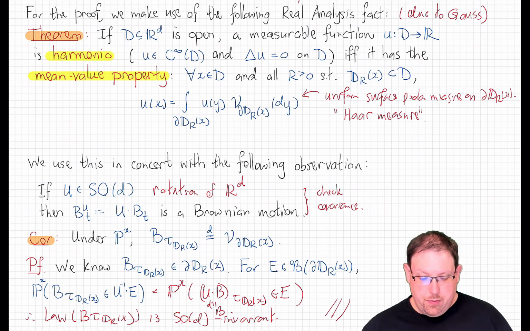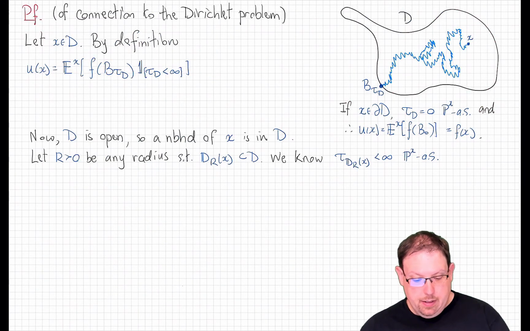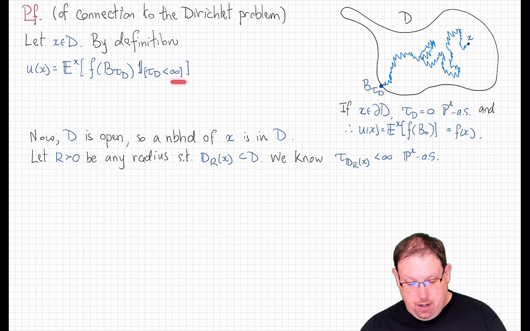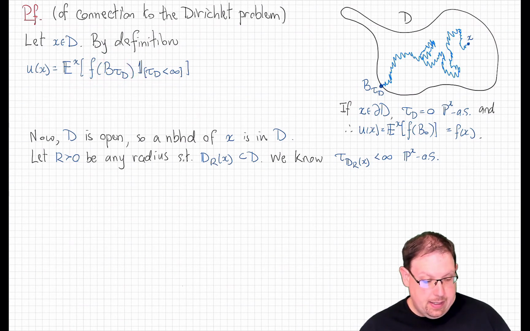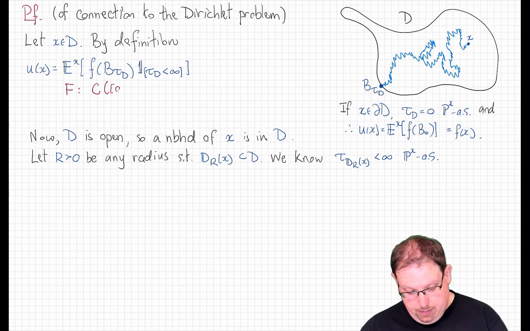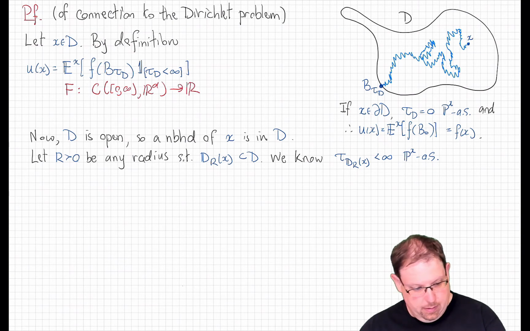Now we are set up to prove the connection to the Dirichlet problem. We start with a point x in the open set D, and we define the function u to be the expected value of the function f of the exit point on the event that the exit point exists. We're going to write this in a form that is applicable to the strong Markov property. So we're going to define a function capital F on the path space as follows.